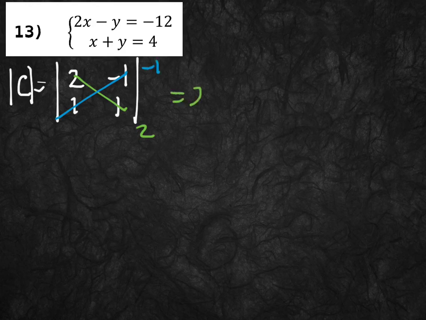Downs minus ups is 2 minus a negative 1. We add those. And that gives you a total of 3 for your coefficient matrix. Then you're going to do your coefficient matrix with the y's replaced.